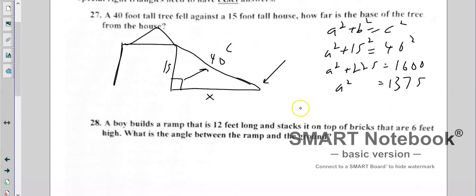That's a big number, so you're going to use your green sheet to find out what goes into it. When you square root that, this is going to break down to 25 and 55. Square root of 25 is 5, and root 55. The only thing that goes into 55 is 5 times 11. Both of those are prime. We're done. We're leaving our answer like that.